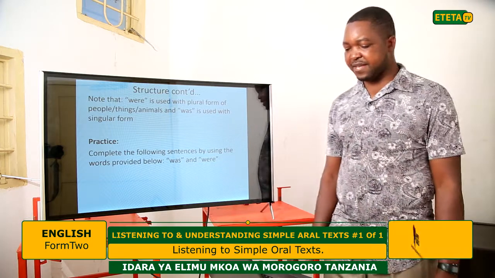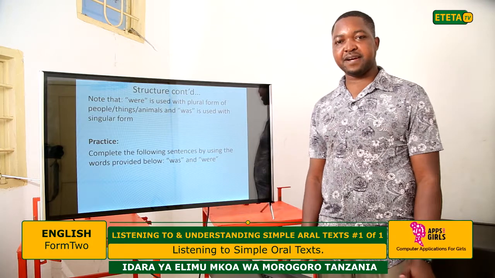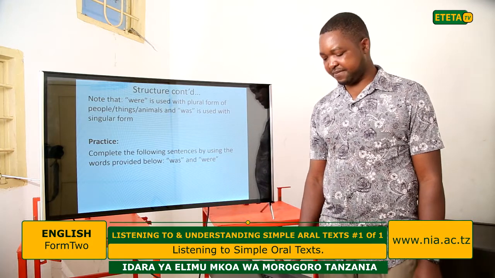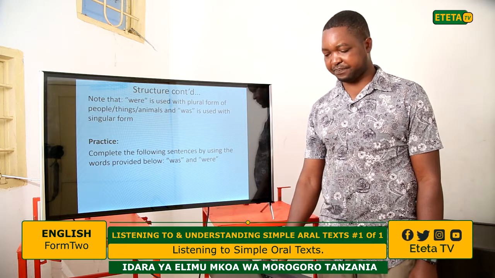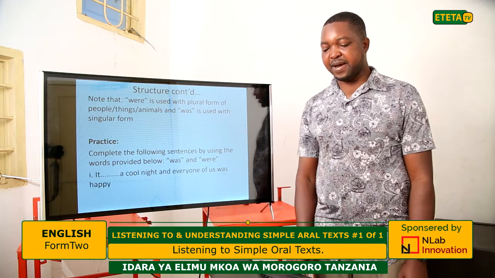Complete the following sentences by using the words provided below. We have the words was and were, just the same as we did with the previous practice. Roman 1.